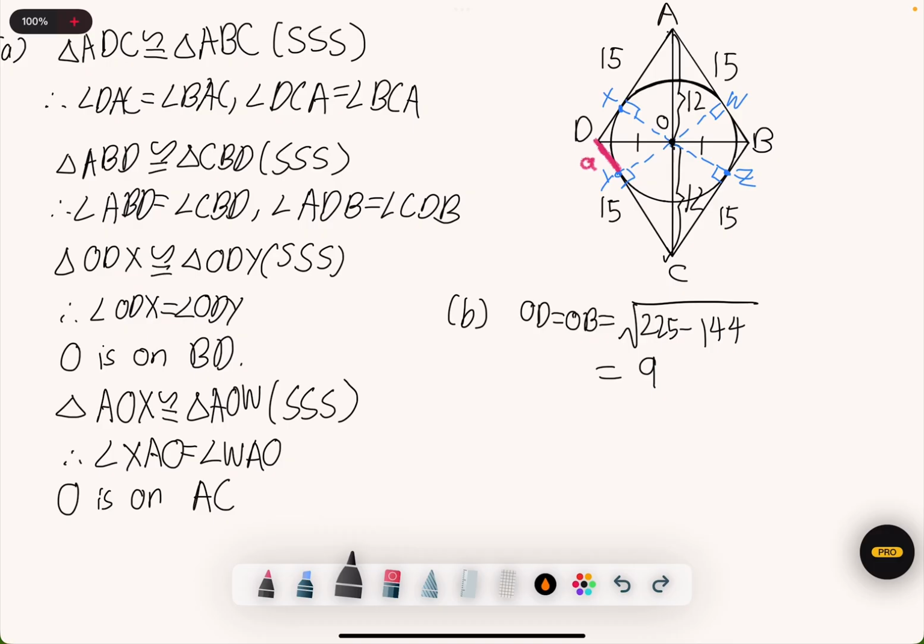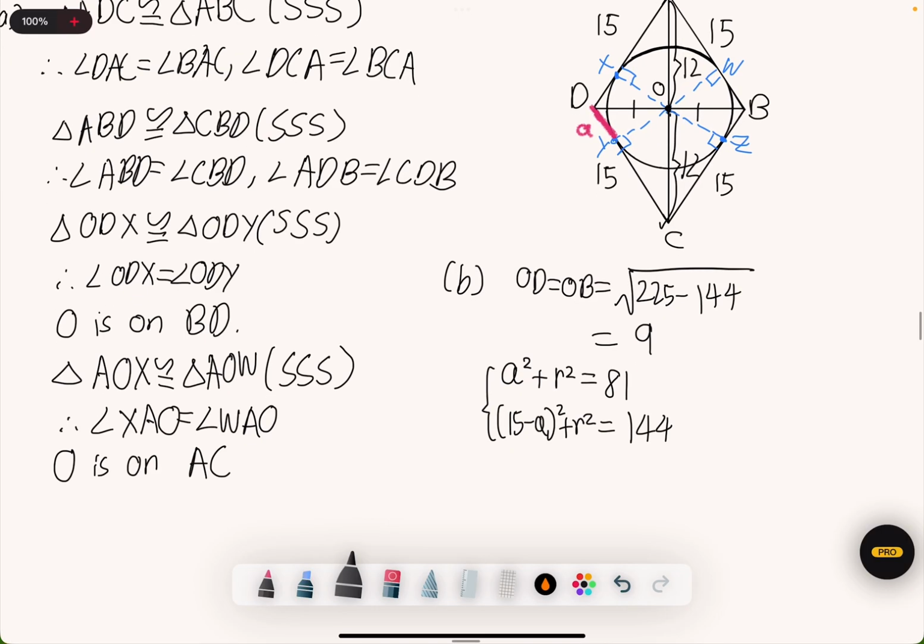So we know according to the Pythagorean theorem that A squared plus R squared equals 9 squared. We also know that 15 minus A, squared, plus R squared equals 144.